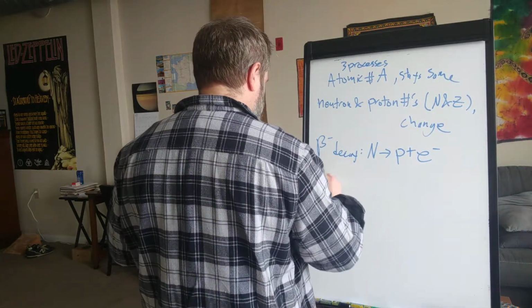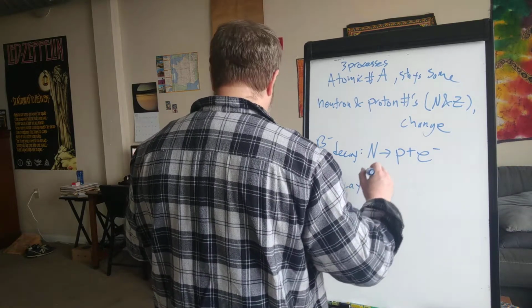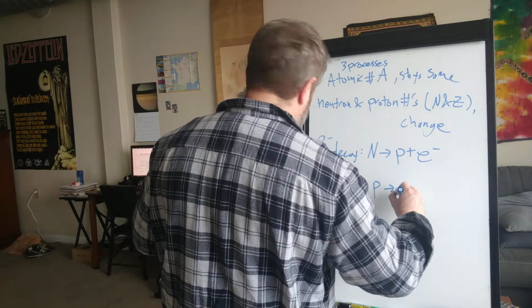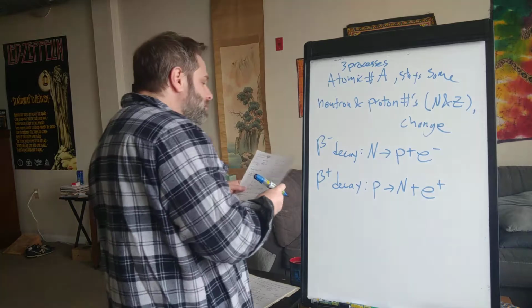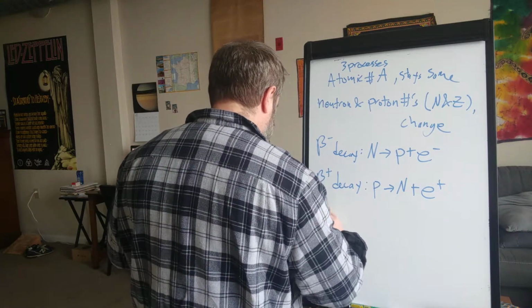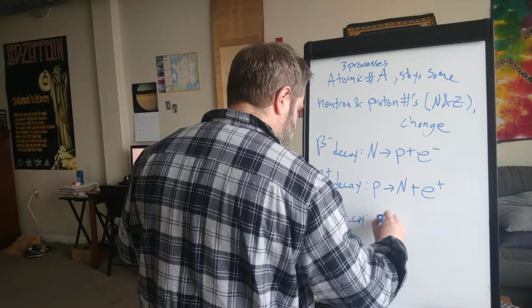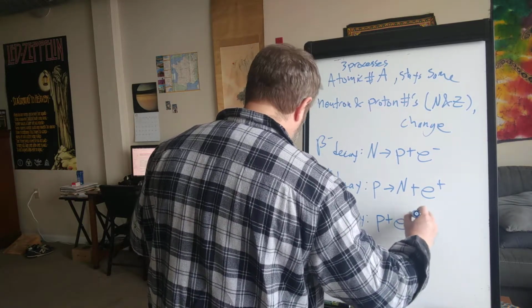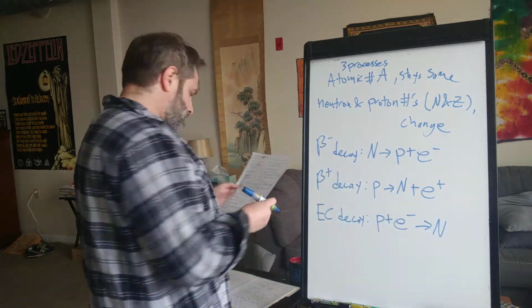We can have beta plus decay, and that is when a proton changes into a neutron and a positron. And there is EC decay, where a proton and an electron together change into a neutron.